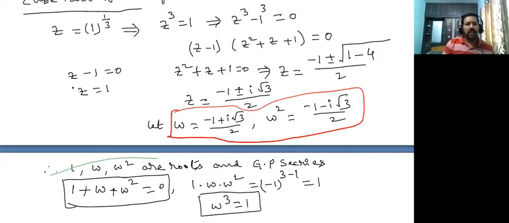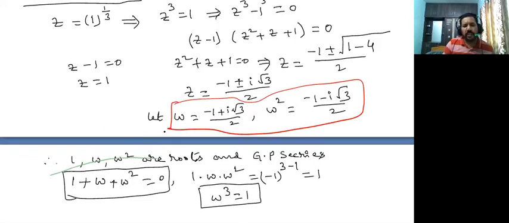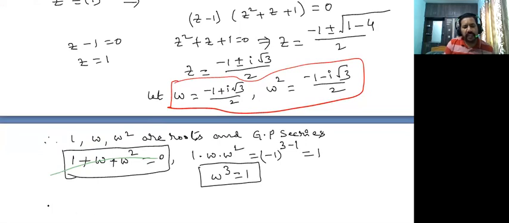Omega is minus 1 plus i root 3 by 2. Then what is omega conjugate? Anybody tell me? Omega conjugate is equal to minus 1 minus i root 3 by 2. This is equal to omega square, or not? Next, omega square conjugate, how much?